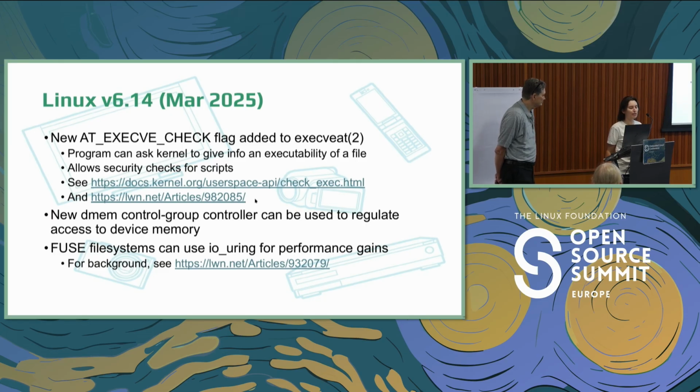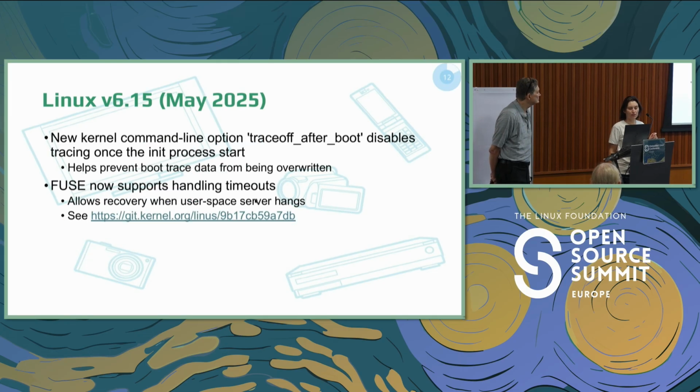So you can implement security checks for scripts. You also have a DMEM cgroup controller that can be used to regulate access to device memory, and io_uring in FUSE. Of course, as usual, there are resources if you want to read more about those things.